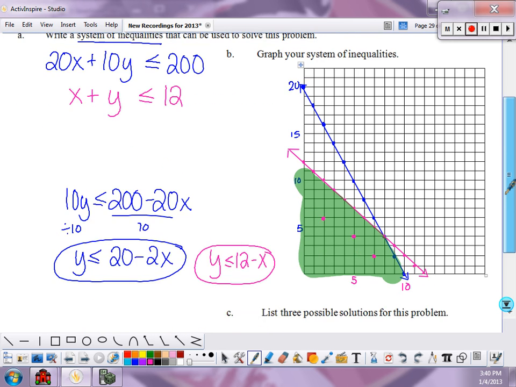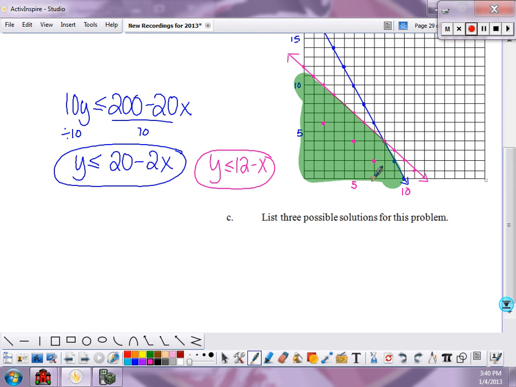X is sundresses. So I could do 7 sundresses, because I went 1, 2, 3, 4, 5, 6, 7, and 2 T's. Or I could do 5 sundresses and 4 T's.